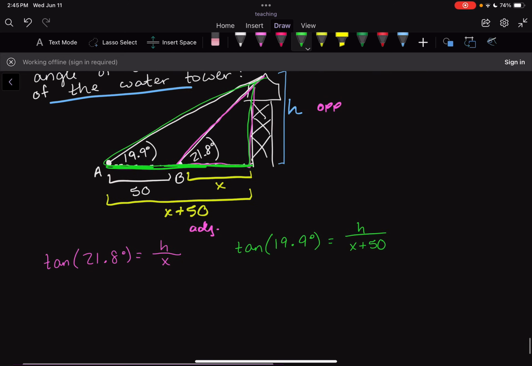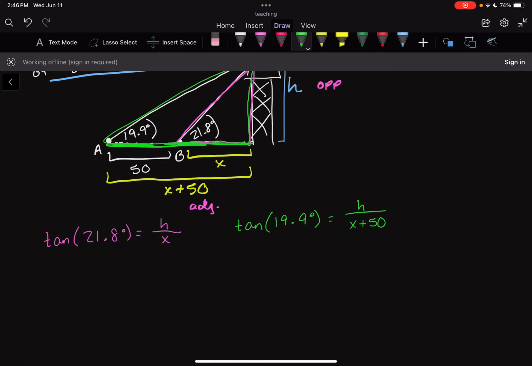So now I have two equations and two unknowns. That's really why we needed two equations, because we have two unknowns. And anytime you have two unknowns, you need two equations. You have three unknowns, you're going to need three equations, and so on and so forth. So I'm looking for height. So what I really want to do is find out a way to compare these two equations, maybe set them equal to each other if we can, or something like that. So let's see.